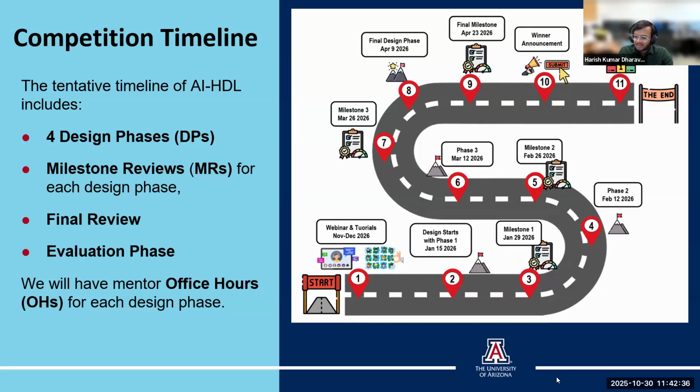I'm sorry, I see that the date isn't here, but the next webinar is scheduled for November 20, next month. So November 20th is our next webinar, and then December 9th or 18th. The information is on the AI-HDL website under timeline, so you should be able to see that.